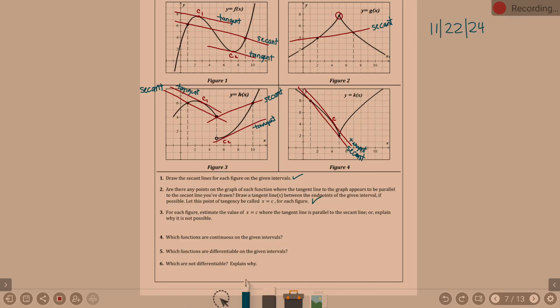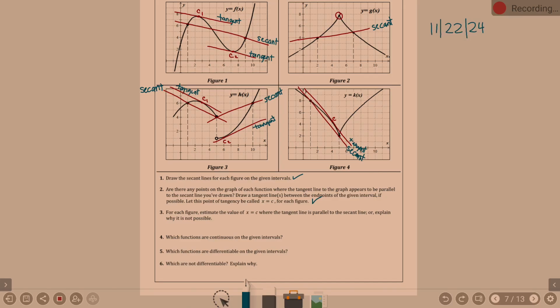And this was step 2: draw a tangent line between the endpoints, if possible. Let this point of tangency be called x equals c. Okay, good? Yeah. Step 3, or question 3, whatever you want to call it: for each figure, estimate the value of x equals c where the tangent line is parallel to the secant line, or explain why it's not possible.